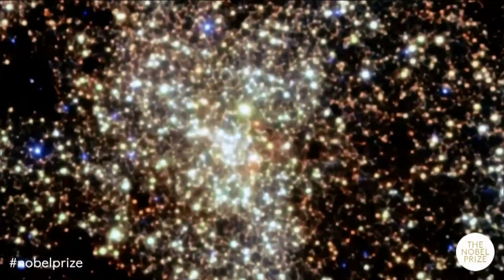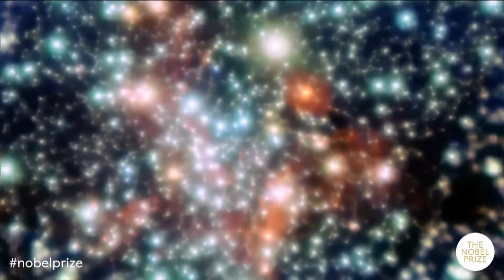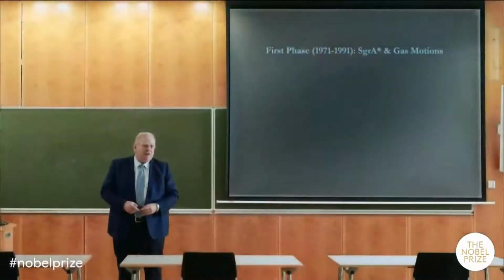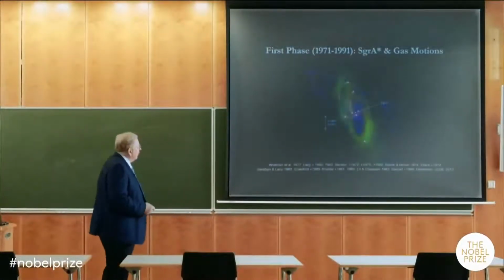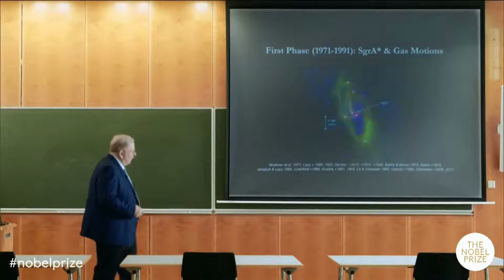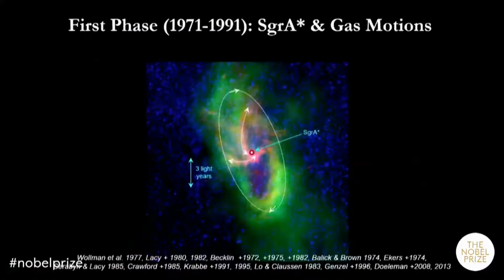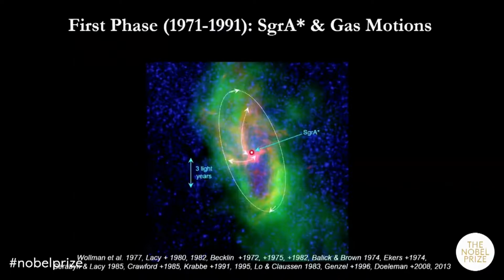So let's take a trip. This is an image, which we can now make with modern telescopes, which shows us the innermost region of our Milky Way being a very dense star cluster. This is shown here in the blue region. And in the center of this star cluster, as you will see in a second, radio astronomers found very intense radio emission, in particular a very compact radio source.